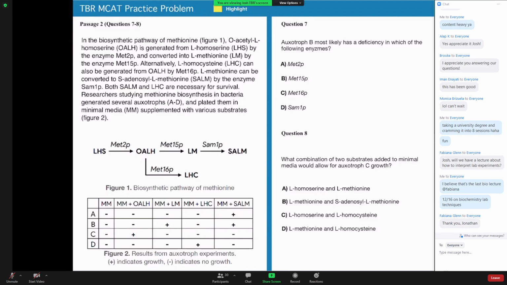All those use lab techniques and will present data in graphs and tables similar to this passage that's just put up right now. This is very, very MCAT. This is something you would see on an MCAT, right? And so as we do these practice questions, it applies the concepts we learned, and how the AAMC will present it. And so we'll go over what to look for, what not to look for, what all this technical jargon means.